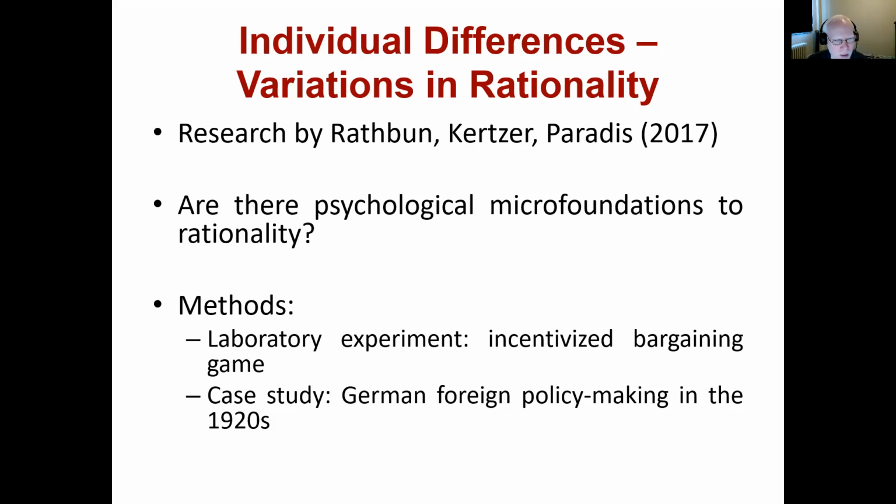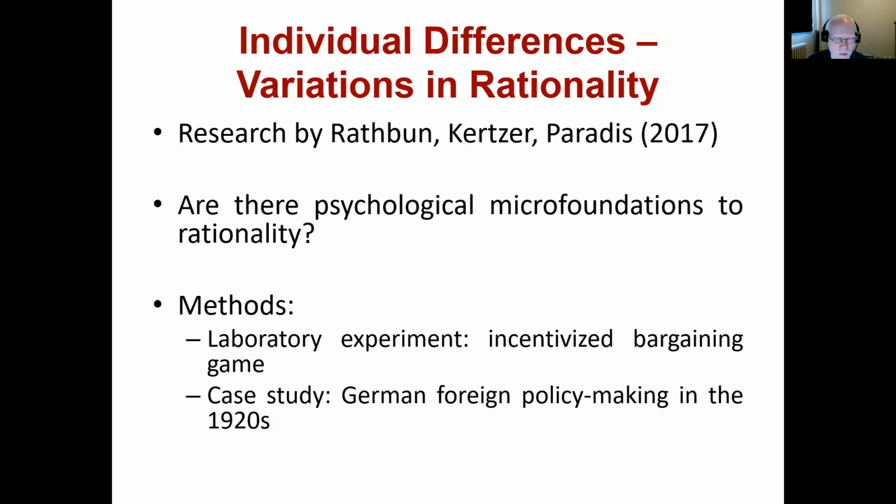And so we used a combination of a laboratory experiment, which was a bargaining game, and it was incentivized, meaning that based on your performance, you received money. Everybody in the game received $10 for showing up, for spending about 45 minutes with us. But based on their performance, they could earn additional money.